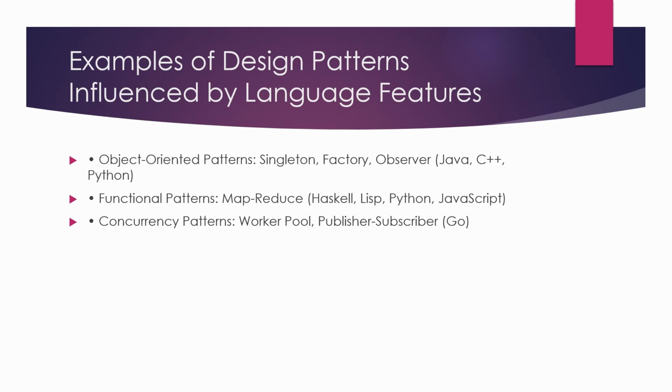In functional programming languages like Haskell or Lisp, patterns like MapReduce are more prevalent as these languages emphasize immutability and the use of higher order functions. Modern concurrency languages like Go make use of patterns like the worker pool and publisher-subscriber to manage multiple tasks concurrently using lightweight goroutines and channels.